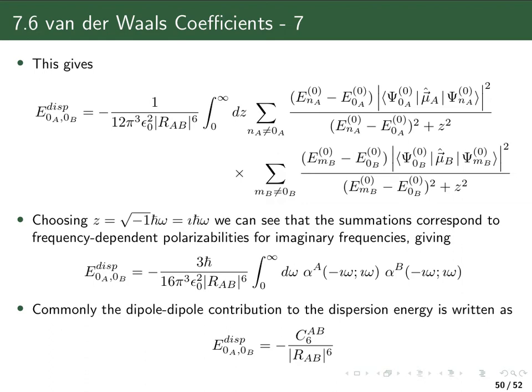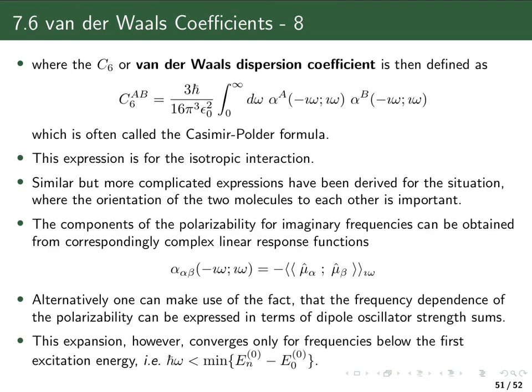And the natural constants and this integral, that is called the so-called van der Waals or C6 coefficient. It's defined this way. So that's the C6 van der Waals dispersion coefficient, and it's called 6 because it goes with the intermolecular distance to the 6th power.